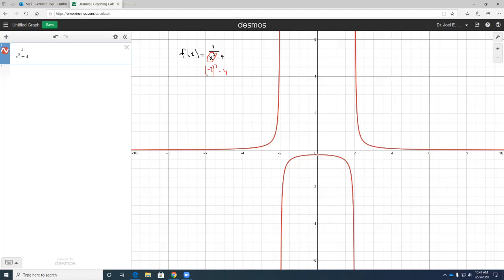We also figured out that x cannot be +2 for the same reason, right? Because 2 squared is 4, and then 4 minus 4 would also give you 0.